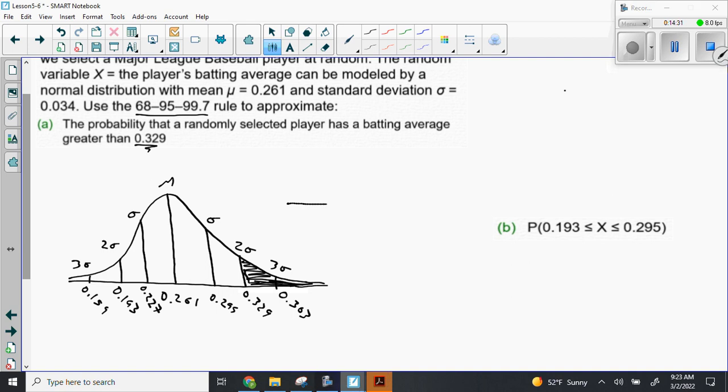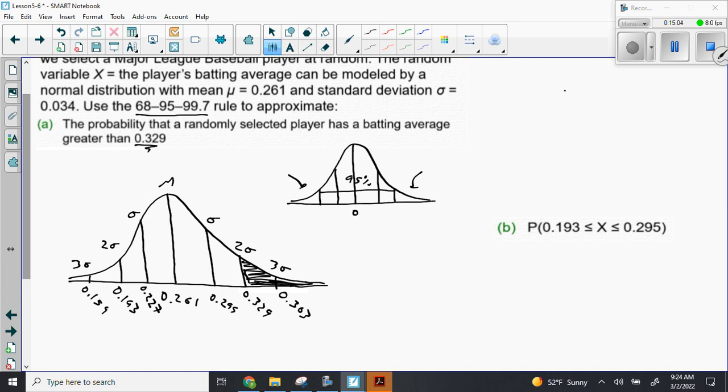Here's the other picture. Here we go. If we're looking at our empirical rule, 0 is here, in our standard normal distribution. We're looking at 1, 2 standard deviations above. We know that in here is 95%, which means that this one plus this one have to add to 5%.